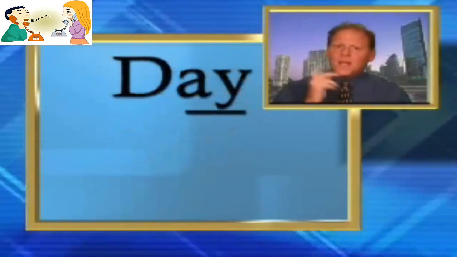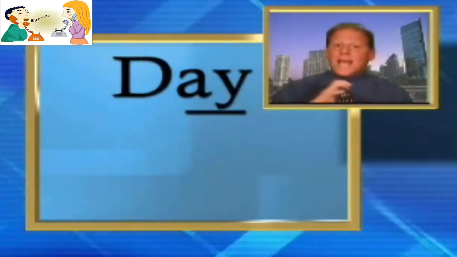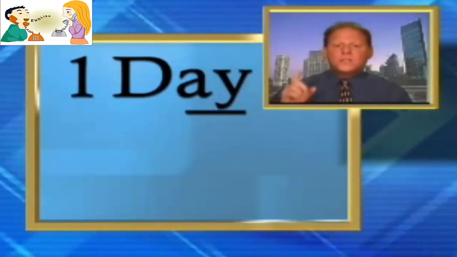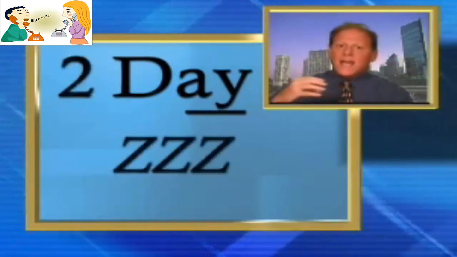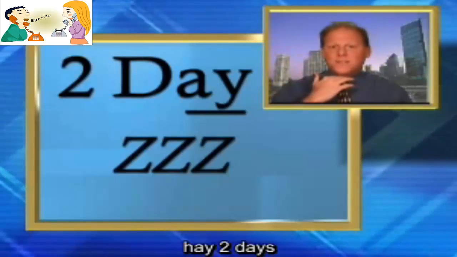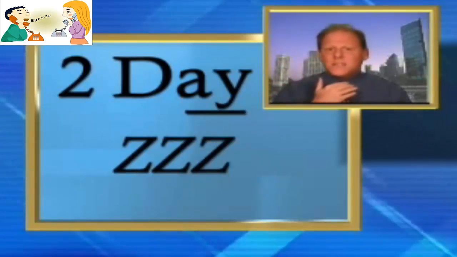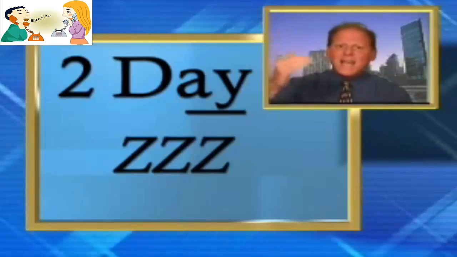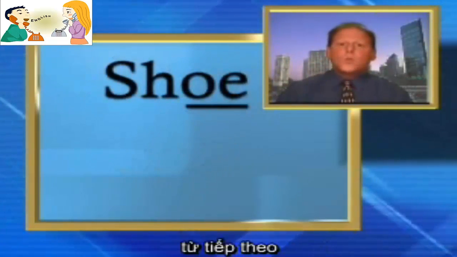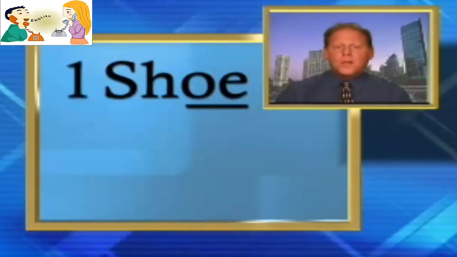You see that? Another example, the word day. It ends with the vowel sound A. So you have one day or two days. It's not days unvoiced, it's days with a voiced Z ending. Next one, shoe.